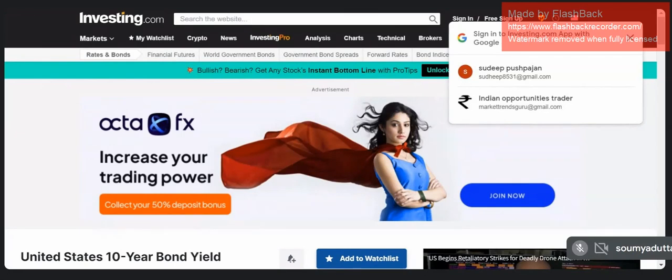If tomorrow there is a crash, not in the Indian market but in the US market, gold prices will reach 70, 80,000. If the US market is doing well and everything is okay, gold prices will usually come down in the short term. But slowly again it will go up with inflation.